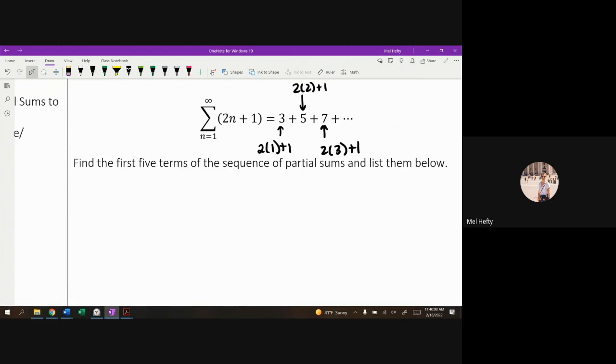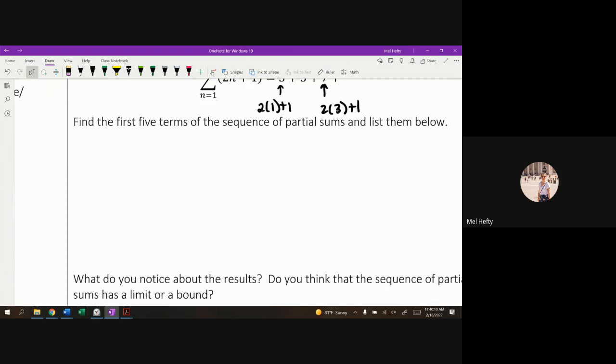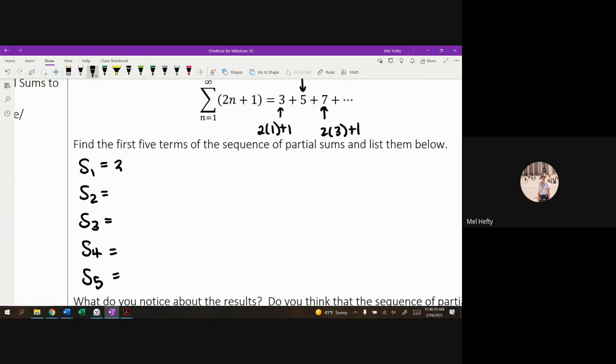So what I want to do is talk about the sequence of partial sums. So I'm going to find S sub 1, and I'll probably go up to 3 because you'll see the pattern by then. And then I'm going to ask you to find S sub 4 and S sub 5. What I mean by partial sum is I'm going to add up that many terms of the series. So S sub 1, I'm adding up the first term, it's 3.